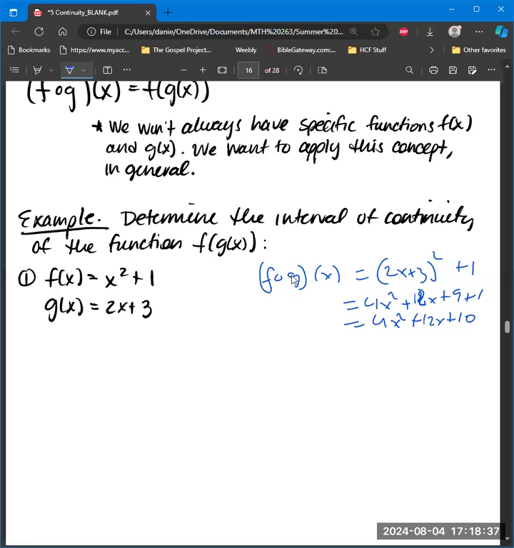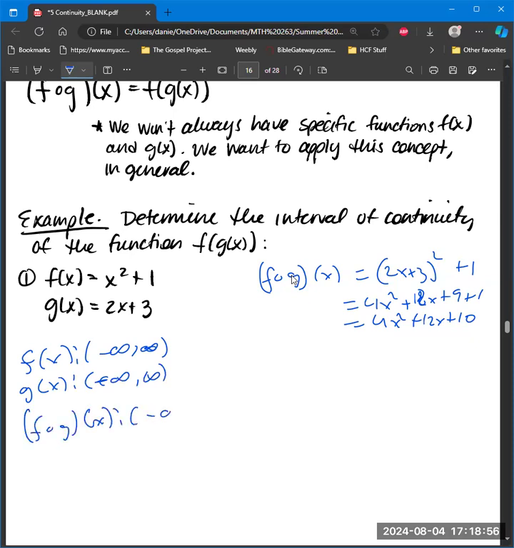That's going to be continuous everywhere. f of x is continuous on -infinity to infinity, and g of x is also continuous on -infinity to infinity. And look at that, f of g of x is also continuous on -infinity to infinity. Interesting.